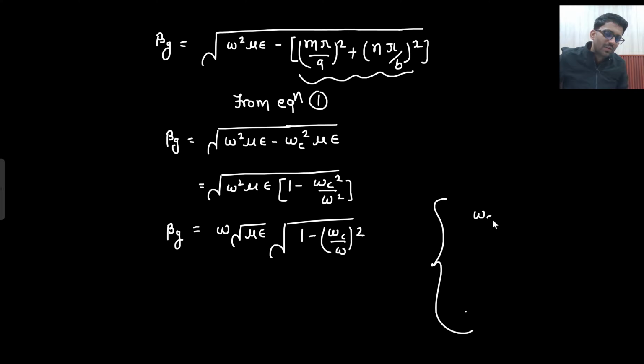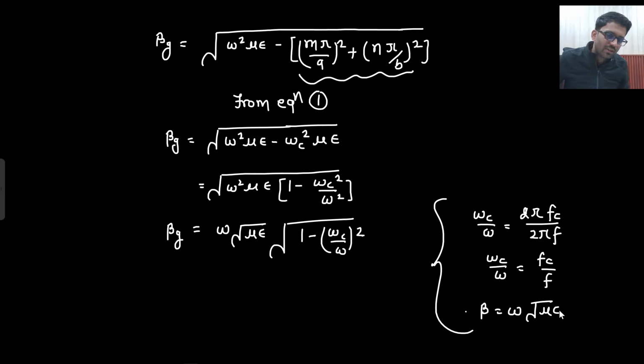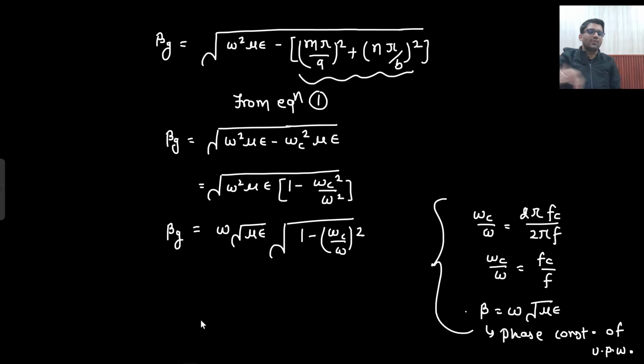And what is beta? Beta is omega under root mu epsilon. This is your phase constant, but outside the waveguide. That means the phase constant of a uniform plane wave.